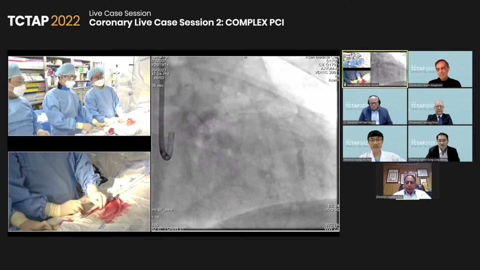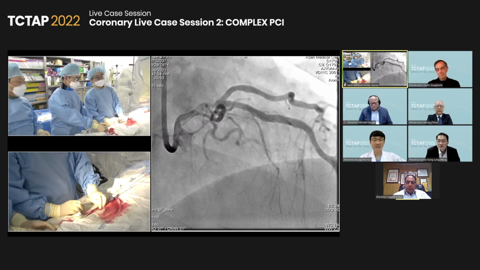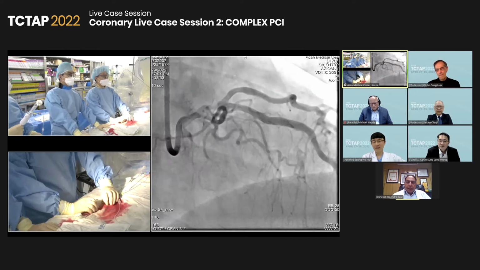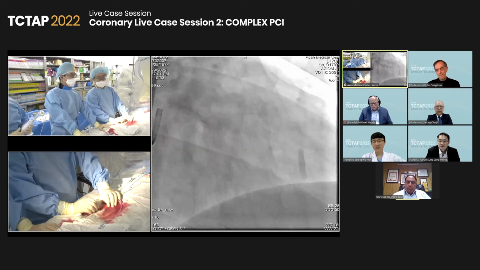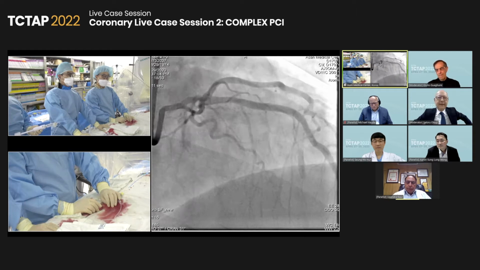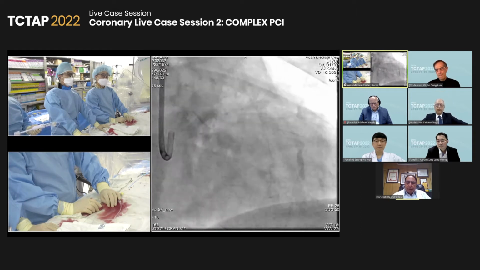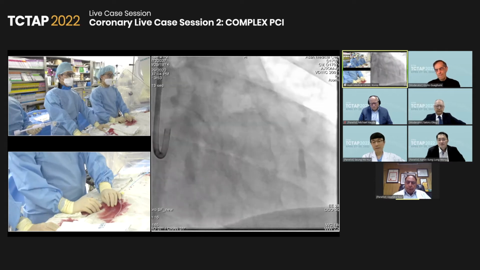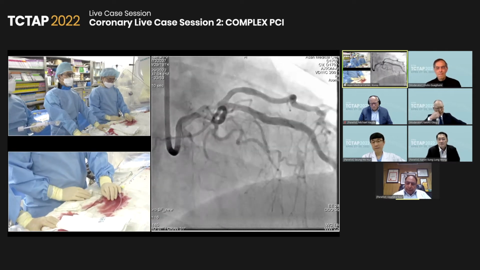I think this is a very good case in which we have clearly seen the utility of physiology. We know that the problem is in the LAD, and the intravascular ultrasound imaging has very clearly shown that a significant plaque is there up to the ostium of the left main.